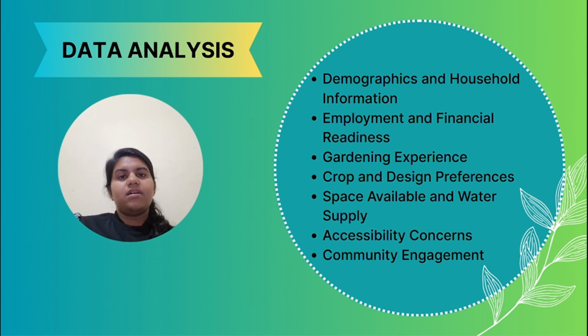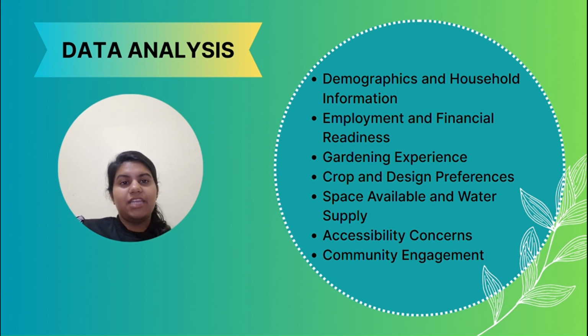With respect to crop and design preferences, the most frequently purchased crops when asked would have been lettuce, cucumbers, peppers, and shadow beni. The preferred crops to grow, however, would have been lettuce, peppers, and shadow beni, and this could be due to their accessibility and high utility. They are easy to grow and maintain, cost effective, etc.